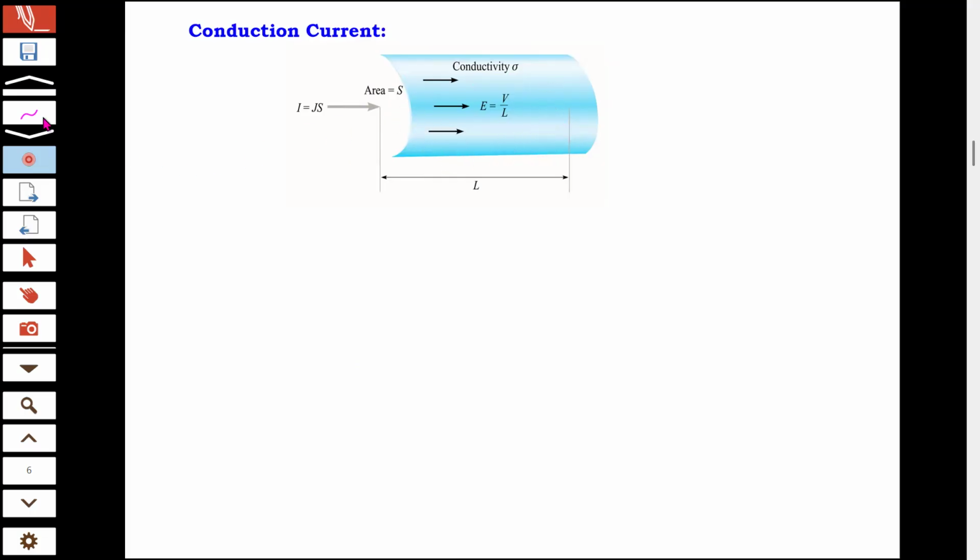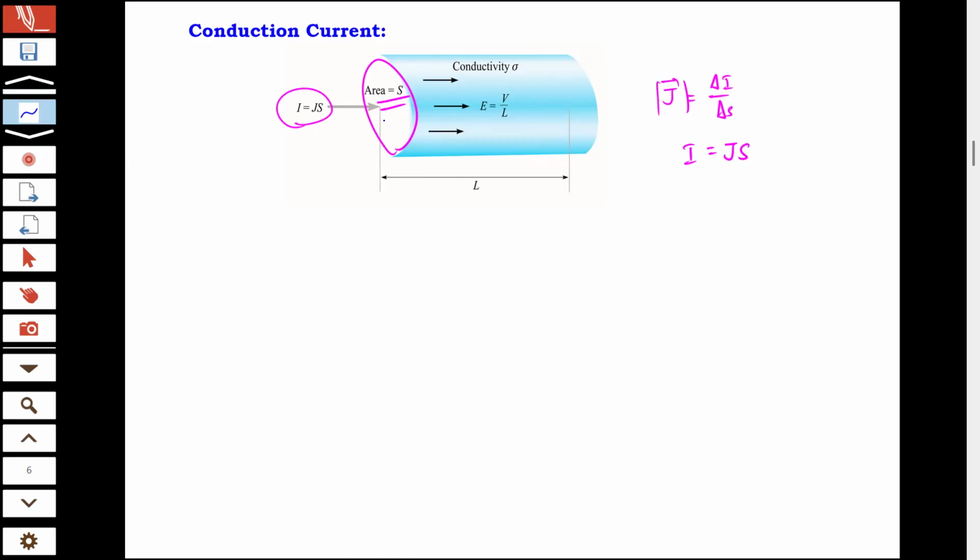So as per the definition, we know current del I by del S gives the current density magnitude. So we can write current I as J multiplied with the cross-sectional area. If I consider this particular cross-sectional area as S, then current can be given as J into S. Also, we know electric field will be produced.